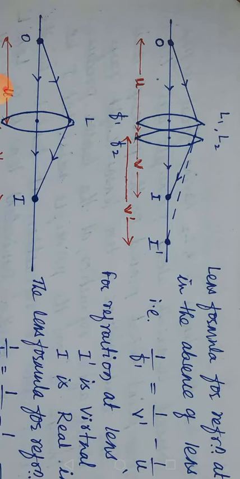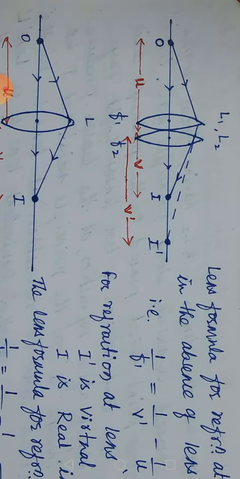Another ray we are considering is very close to the principal axis, incident on the lens L1. Observe the ray diagram. Another second ray of light is incident on the lens L1.